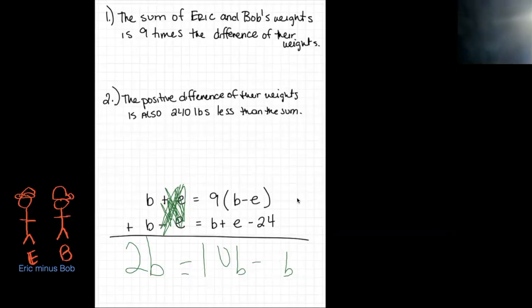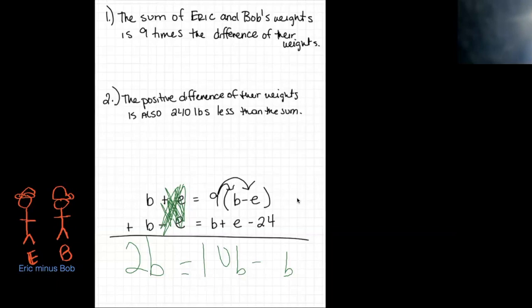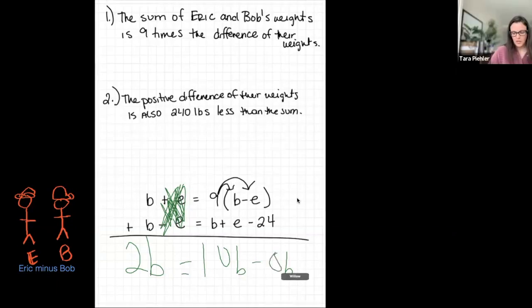Grace is already on it. I would distribute the 9 to both sides. That's what Grace did. Okay, let's go ahead and do that. Yep, 10b. Perfect.